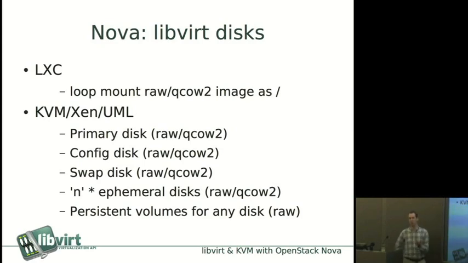You've got an optional swap disk, and you can then also add any number of other ephemeral disks. Ephemeral disks are disks that exist for the time that the VM is running, then are thrown away when it shuts down. So if you want any kind of persistent data for your virtual machines, then you have to set up persistent volumes. Most of those you can have a choice of raw or QCOW. The persistent volumes are all raw at this time.